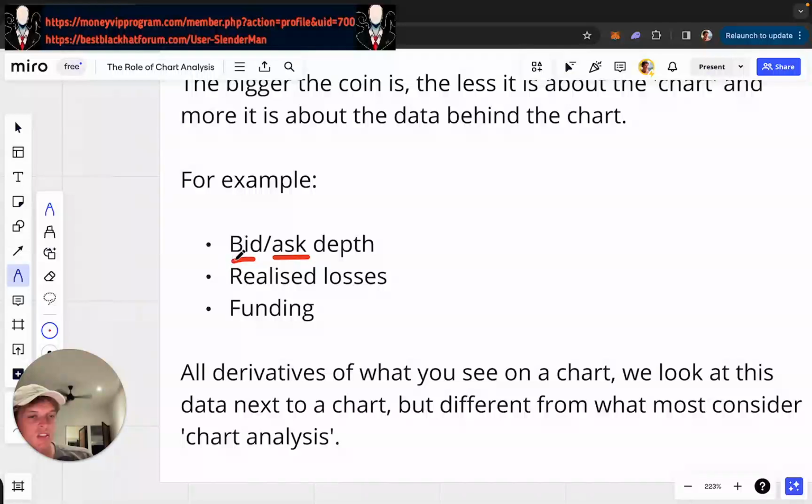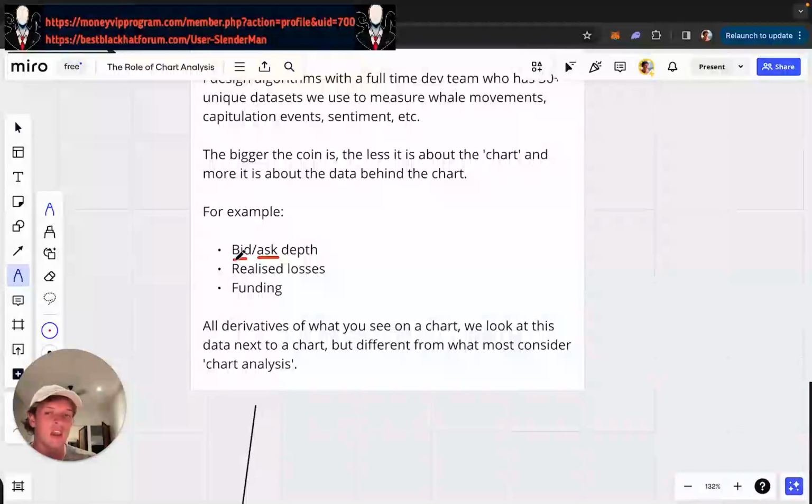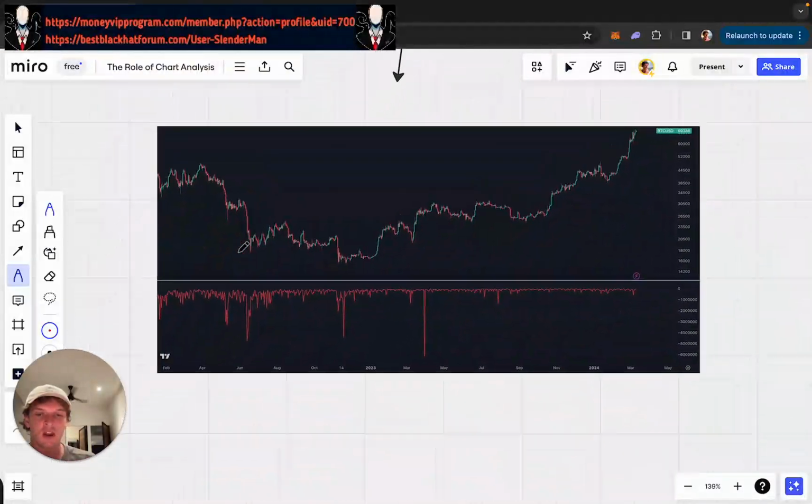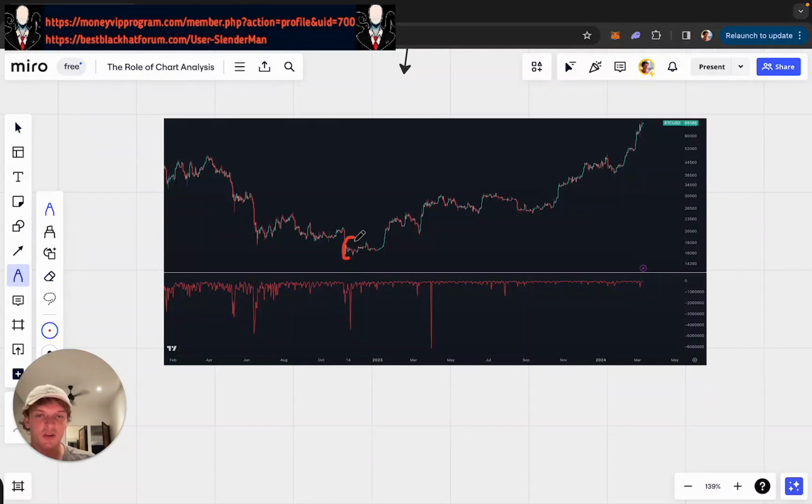So if there's lots of bids, there's a lot of people wanting to buy, that's probably where the bottom is. Vice versa. Realized losses. So when price goes up and down, you can see with this data set how many people are losing. For example, at the bottom, lots of people losing.